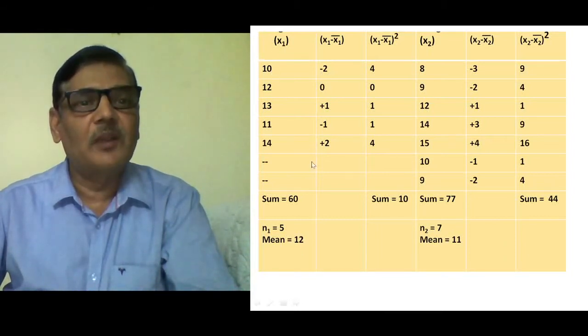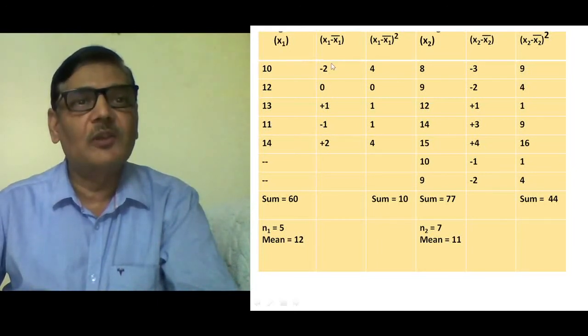That is 10 minus 12, because 12 is the mean value. So 10 minus 12 is minus 2, 12 minus 12 will be 0, 13 minus 12 will be plus 1, 11 minus 12 will be minus 1. Likewise we obtain X1 minus X1 bar.